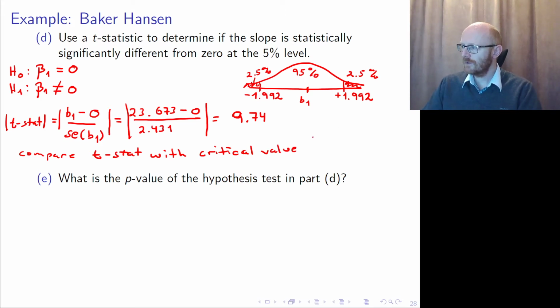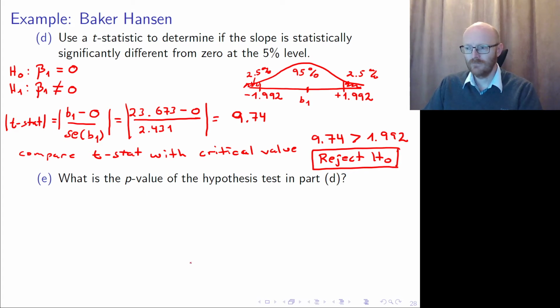And then we compare 9.74 with 1.992, okay? Which means that we are unlikely to get this result by chance, okay? So that's why we reject H naught.